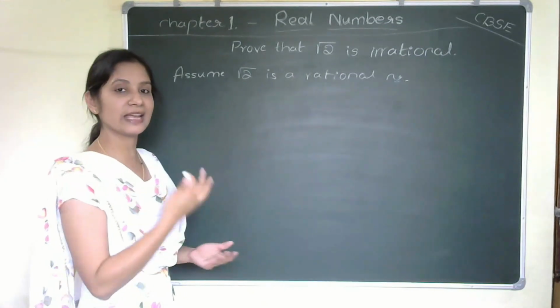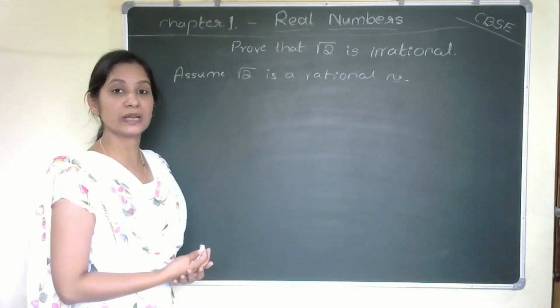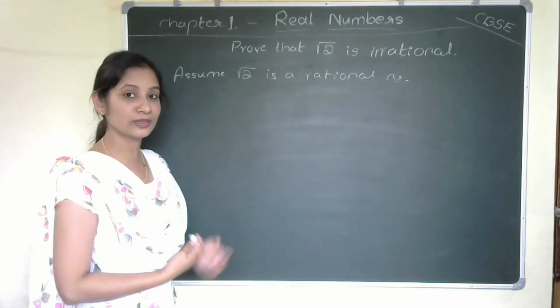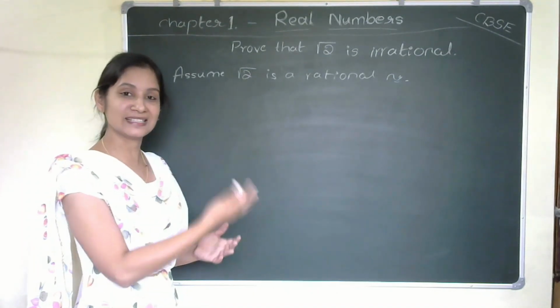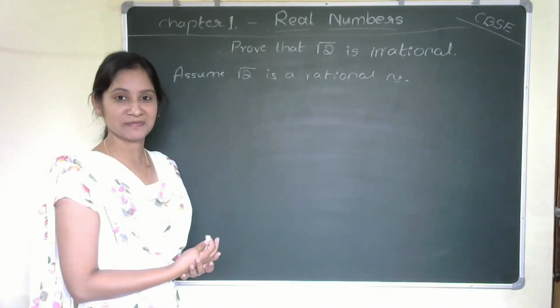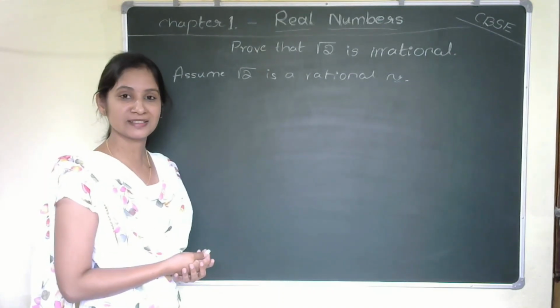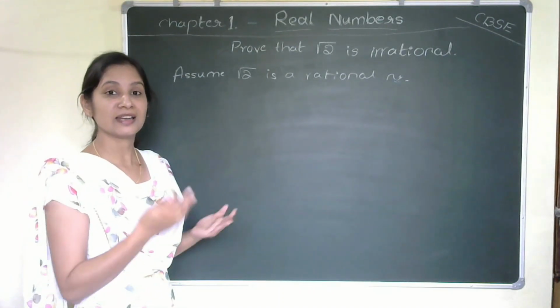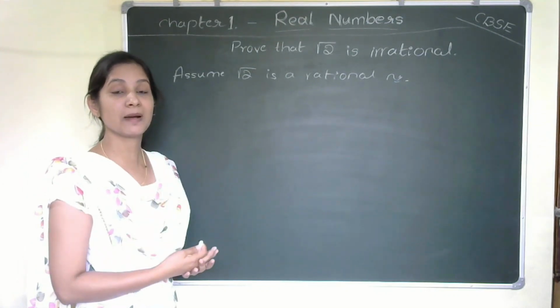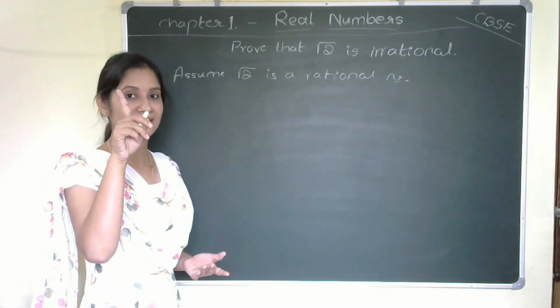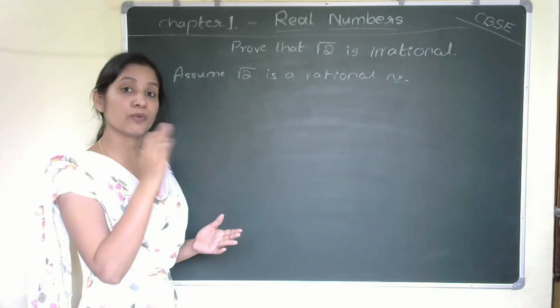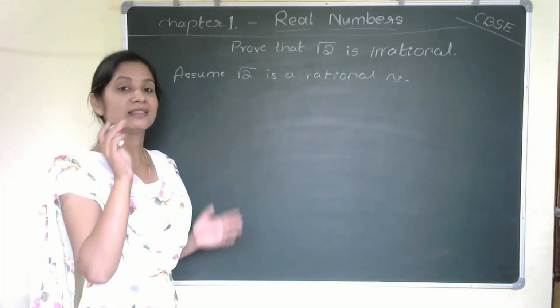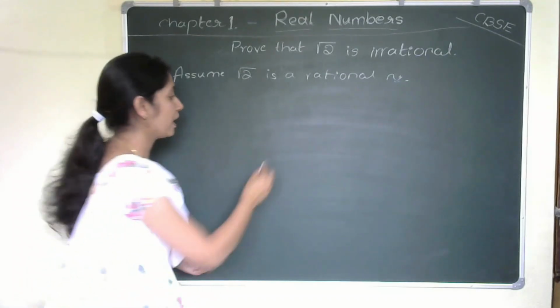Here I'll take a and b, any two integers, and also they are co-prime. A new word came, co-prime. So what are co-prime numbers? Yes, you know that the numbers which are divisible by only 1. That means the common factor for both the numbers is 1, then that set is called co-prime.